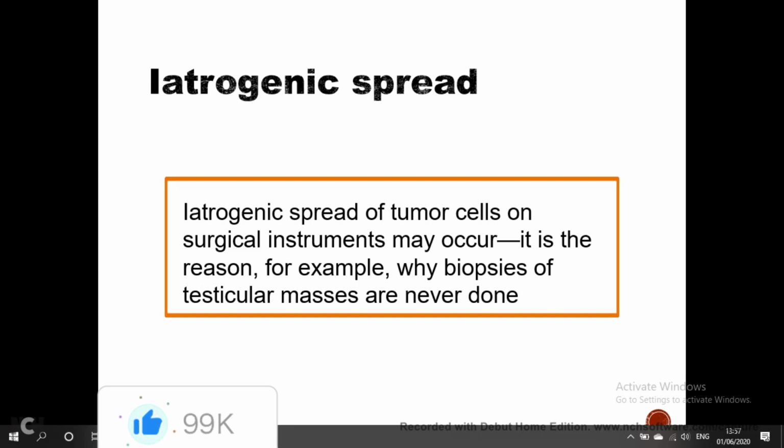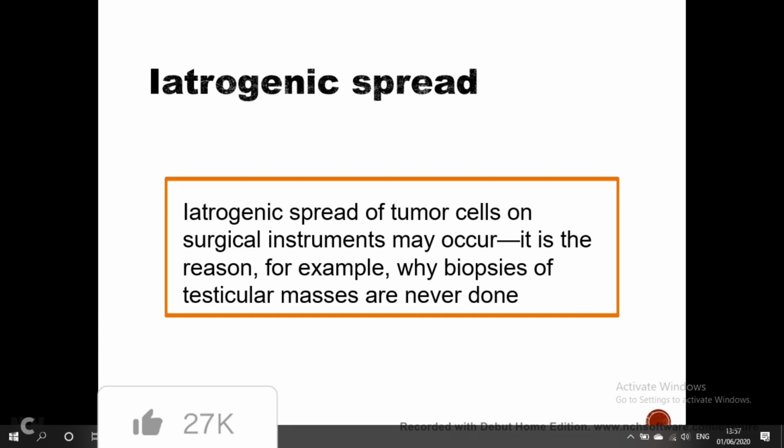And when the surgeon uses the instrument on different parts of that open cavity, the tumor cells may invade different parts of the body through that surgical instrument. This is known as iatrogenic spread. That is because of the fault of a doctor.